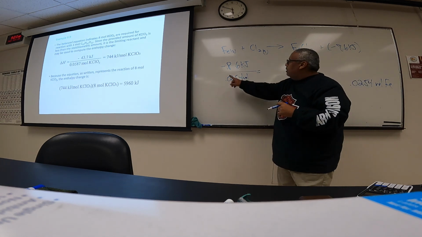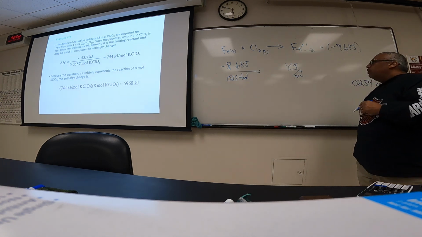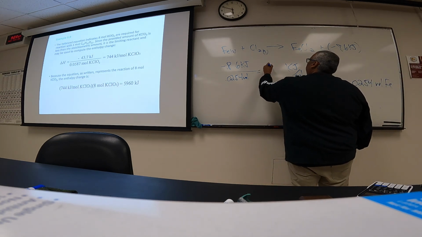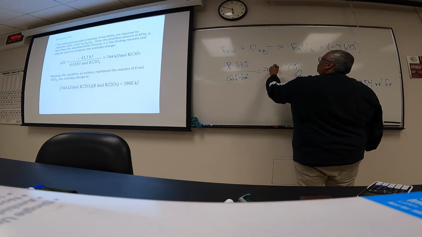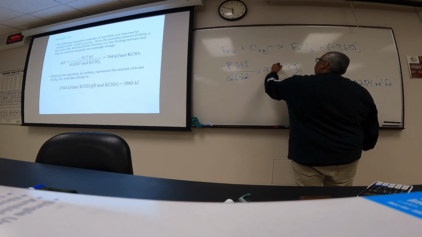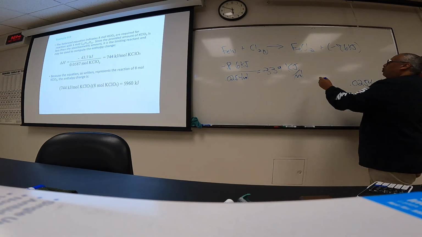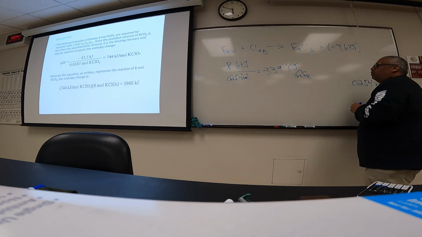So what is 8.6 divided by 0.0254? Negative 338.6, so we'll make it 339. So negative 339 kilojoules per mole of iron.